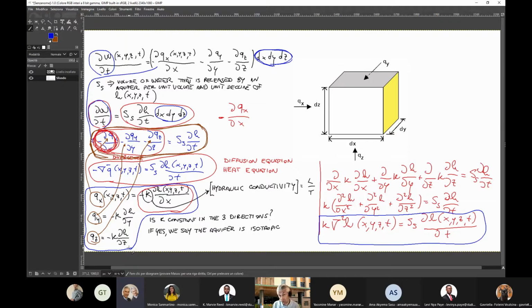Provided, of course, we can solve it, because the equation is a differential equation. And the differential equation doesn't give you the value of the variable. It gives you the change of the variable, not the value. So here we are describing the hydraulic head H, but as you look at the equation, we are describing the second derivative.